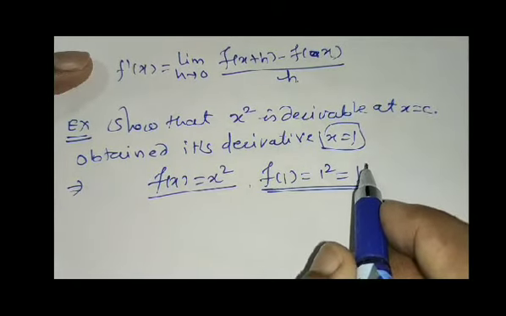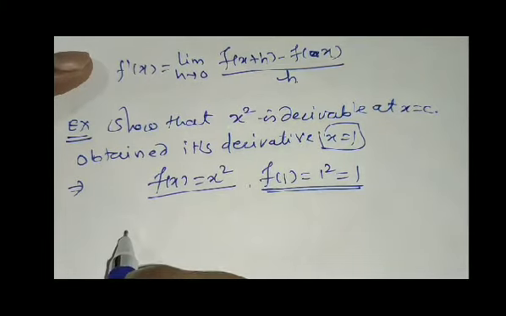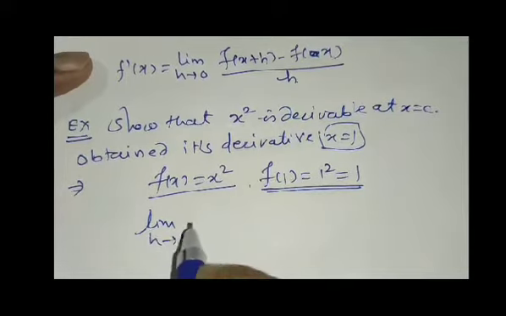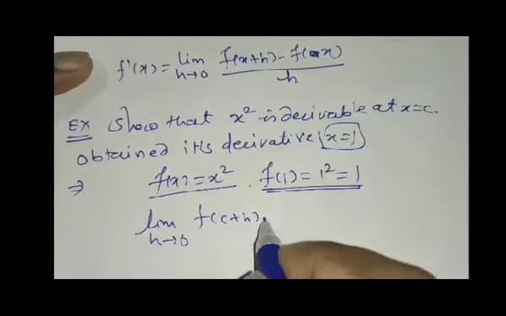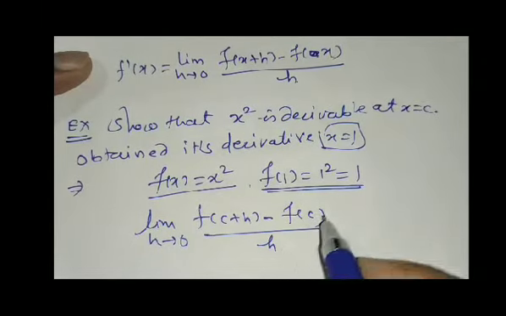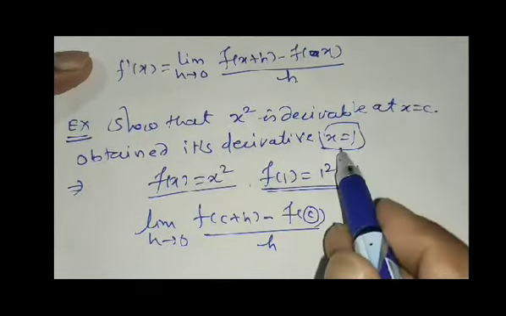Now we know the definition: limit h tends to 0 of f of c plus h minus f of c divided by h. Now our c point is x is equal to 1.